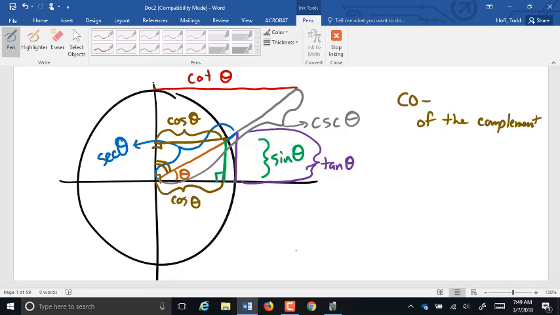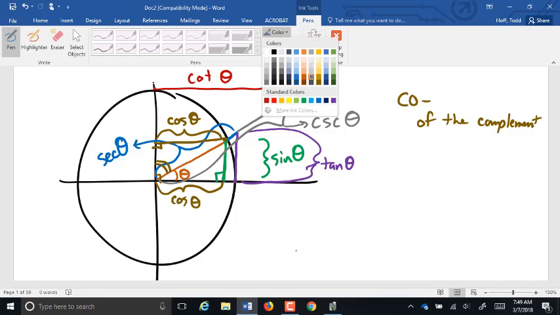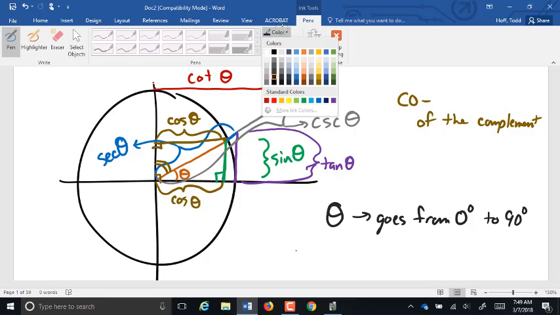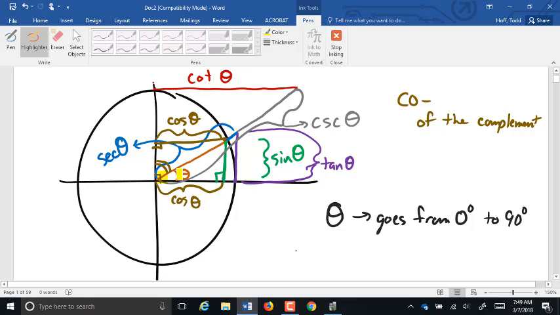So what you can tell here, there's a lot you can tell about our angles just by looking at this. If the angle theta goes from 0 degrees to 90 degrees, so it's starting at 0 and moving up to 90.